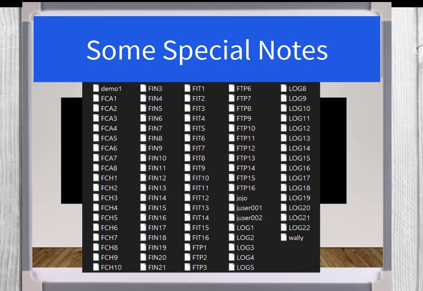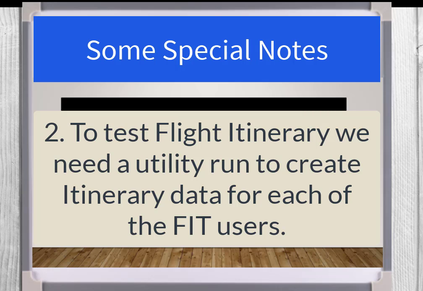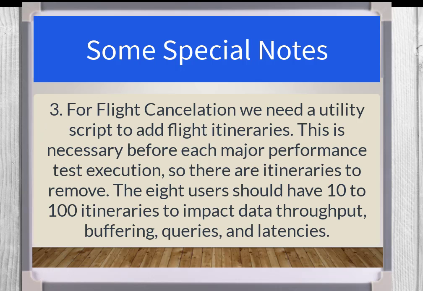Now, number 2, to test flight itinerary, we need a utility run to create itinerary data for each of the users. Number 3, for flight cancellation, we need a utility script to add flight itineraries. This is necessary before each major performance test execution, so there are itineraries to remove.